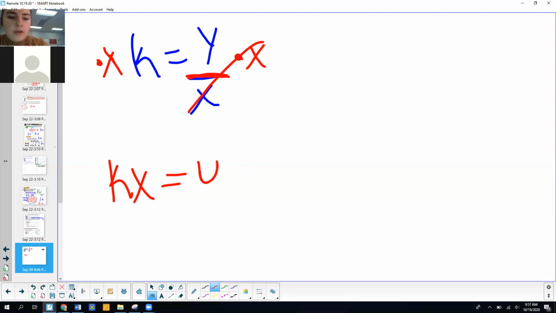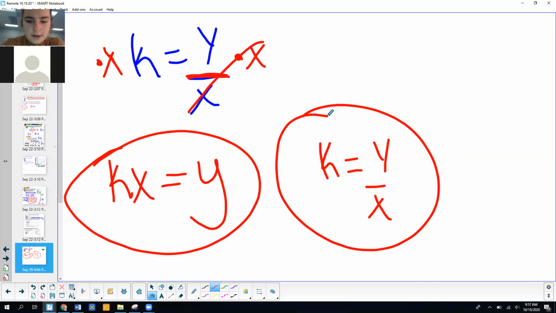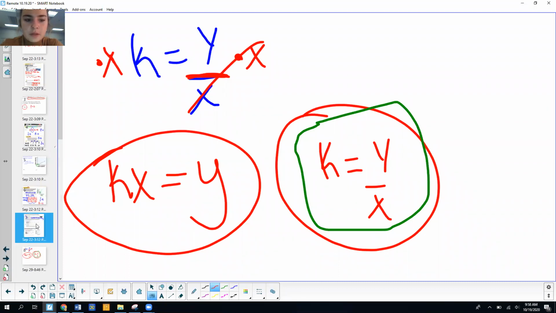So we're left with y equals kx. So kx equals y and k equals y divided by x. These are the same equation. You'll see them kind of both ways. This is the way that you'll find the constant of proportionality most times. But if you're ever not given y and you want to get that for some reason, you can go ahead and find it that way.